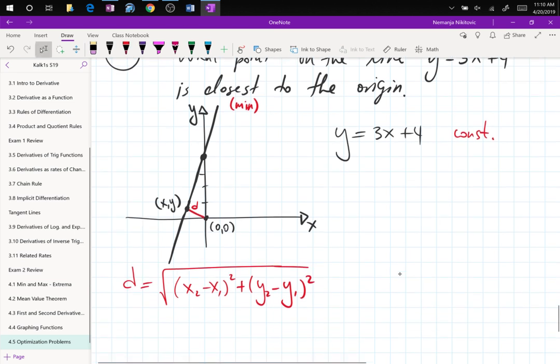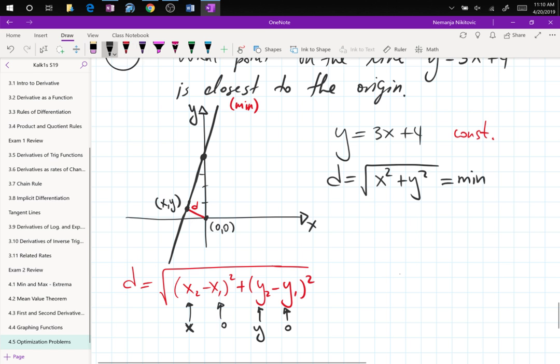In my case, x1, y1 are both zeros, because one point is x, y and the origin point is 0, 0. So I am minimizing the distance formula, square root of x squared plus y squared equals min, and that's my objective formula.